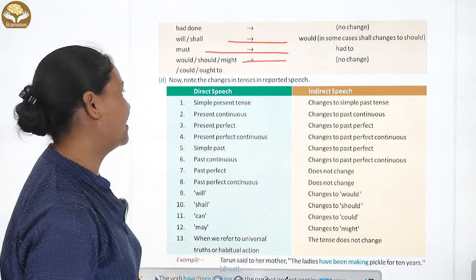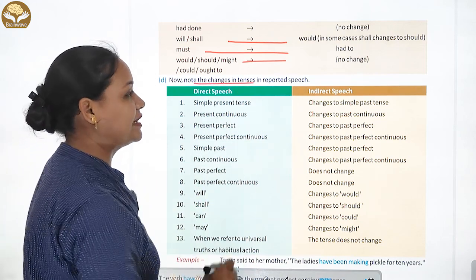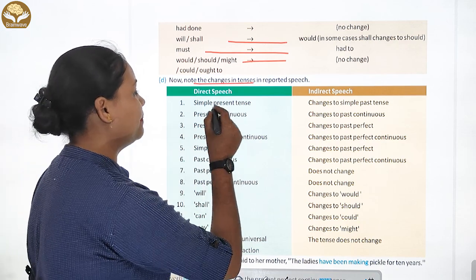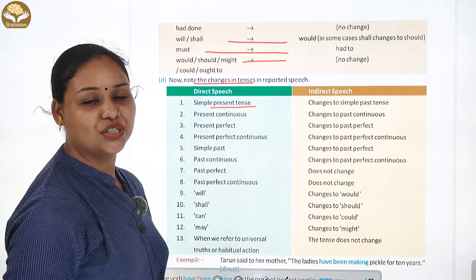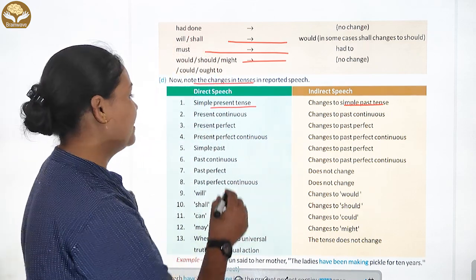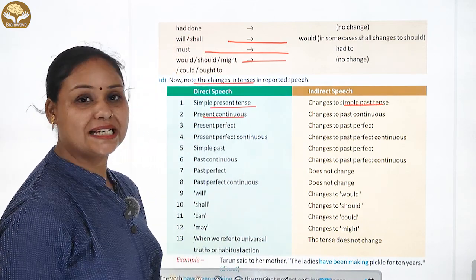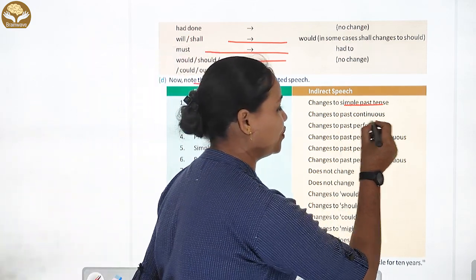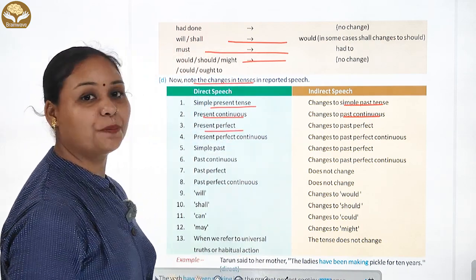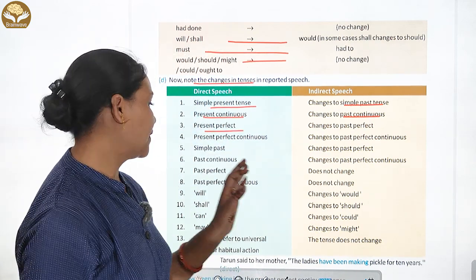Okay, चलिए, now note the change in the tense in reported speech. Example: simple present tense changes to simple past tense. Present continuous changes to past continuous. Present perfect changes to past perfect.